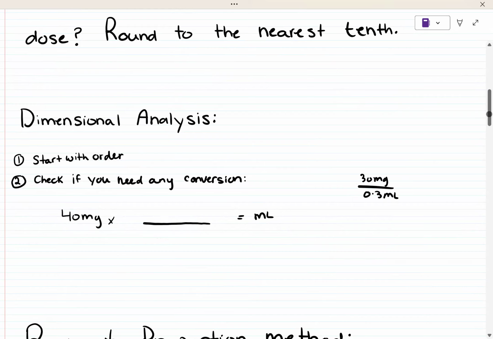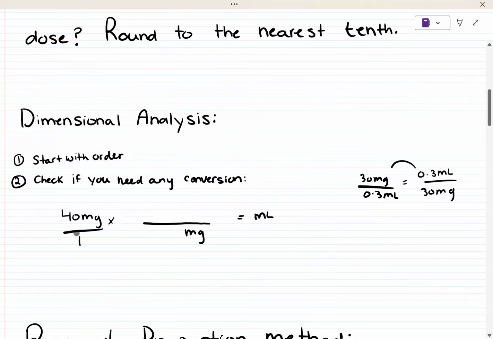Our units will be off. So you can flip this. It's not changing the problem. You could put 0.3 milliliters on top and 30 milligrams on the bottom. This is the same thing and doesn't change the conversion. I'm putting it this way because I have to put milligrams at the bottom.